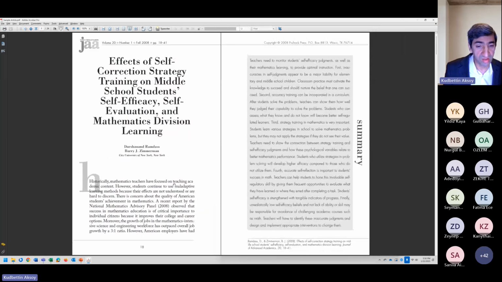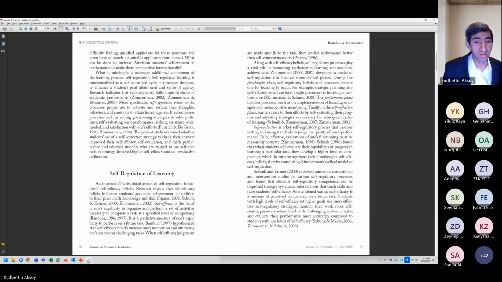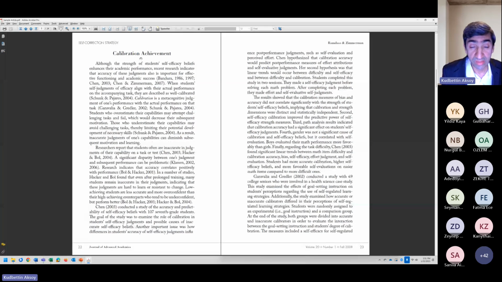So mathematics teachers have focused on teaching, see how generic it is. You can read this for yourself. And then self-regulation talks about the theoretical definition of these topics. And then calibration of achievement. Calibration is when there is a gap between the accurate value and the observed value.